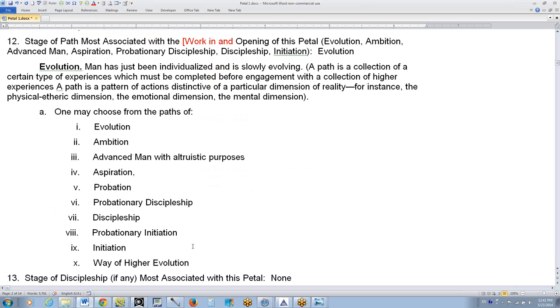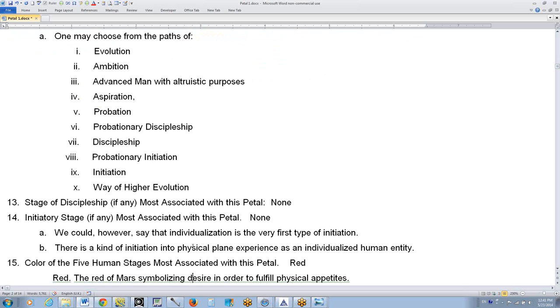Now with altruistic purposes, the path of aspiration, path of probation. And I don't know if I should distinguish probation from probationary discipleship. Maybe that's one thing. Discipleship, path of probationary initiation, path of initiation, and then finally, after the fifth earlier and sixth now, initiation, the way of higher evolution.